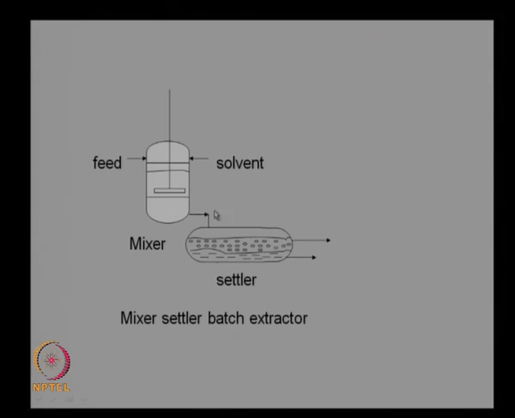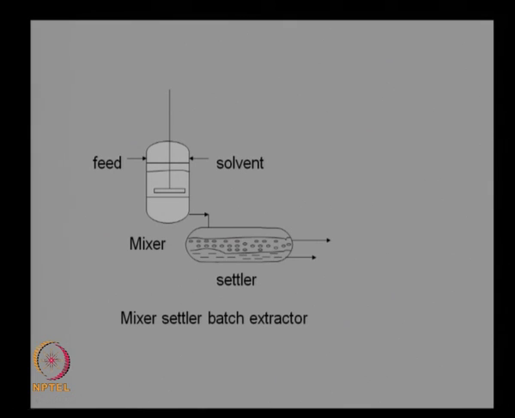You discharge the whole thing in a settler, you allow them to phase separate into the heavy phase and the light phase. Your solute may be here if the solvent is light, solute may be here predominantly if the solvent is heavy. So then you leave it for several hours until the phases separate, and then you discharge the bottom, you discharge the top.